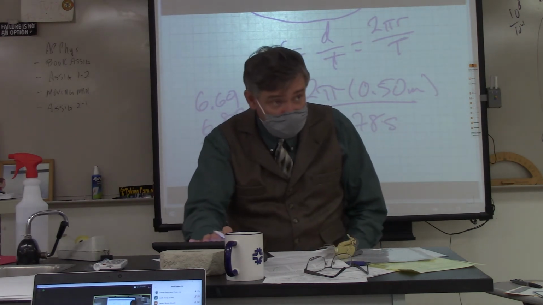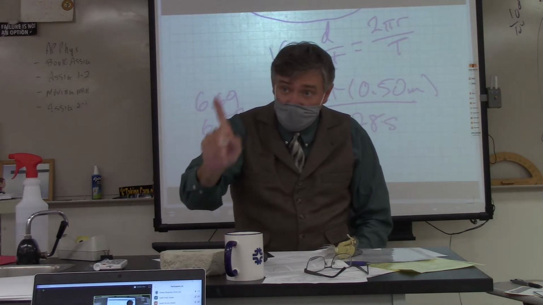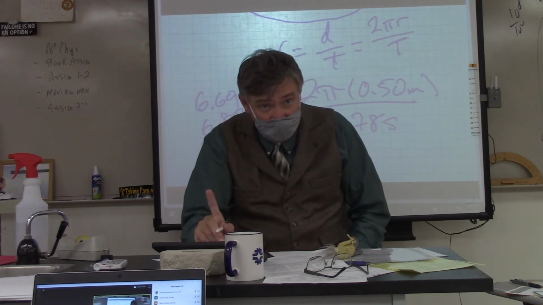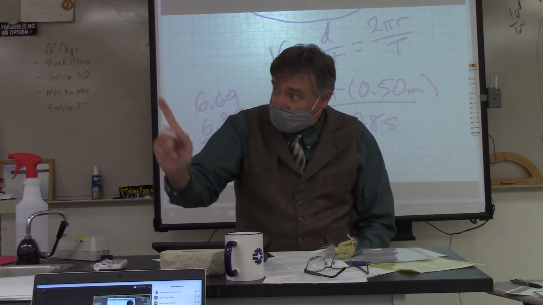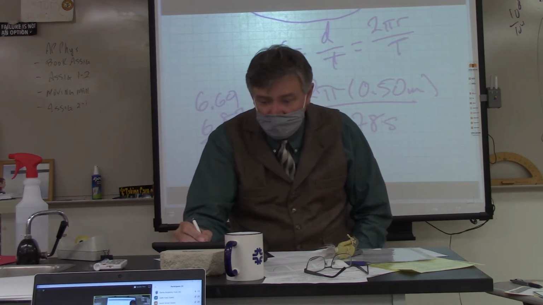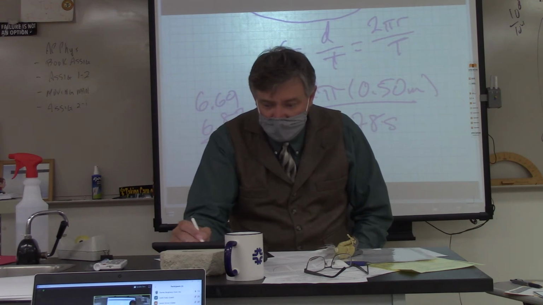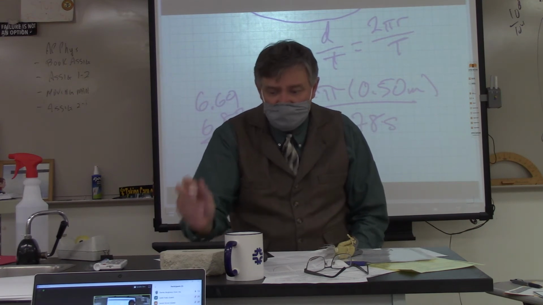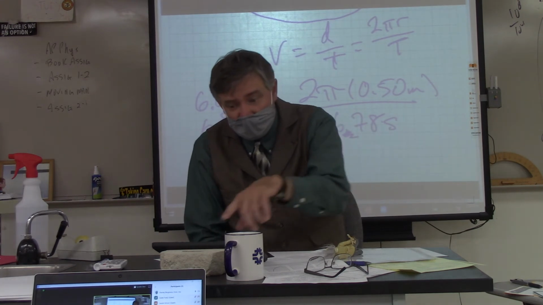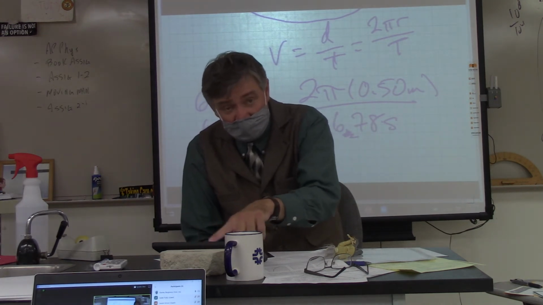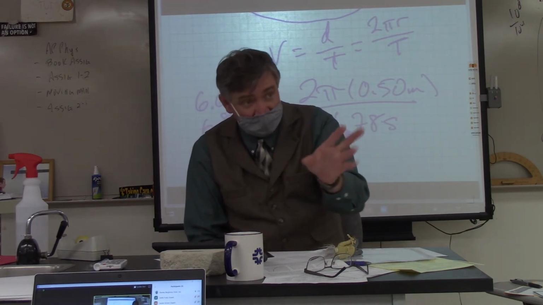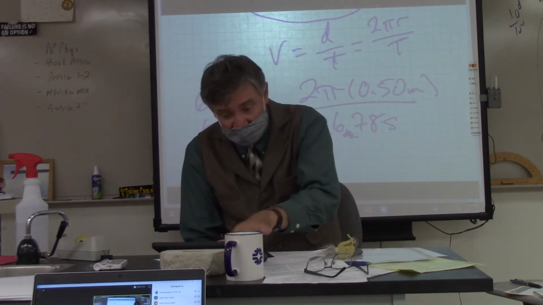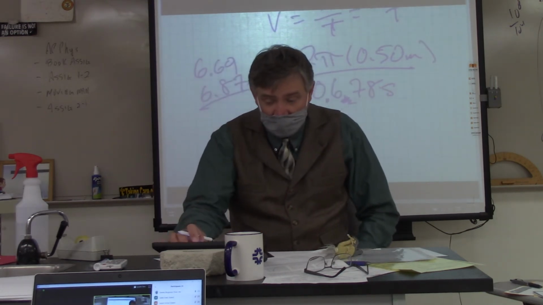But that was for all 10. So how are we going to get the time for just one? Divide by 10. So we're going to use 0.678. Somebody take 2 pi times a half, otherwise known as pi, because a half times 2 is 1. So take pi and divide that by 0.678.